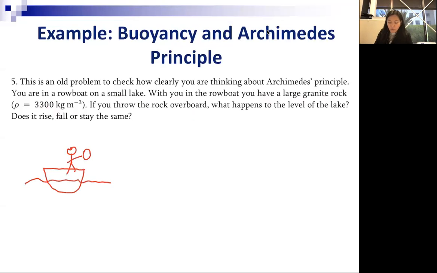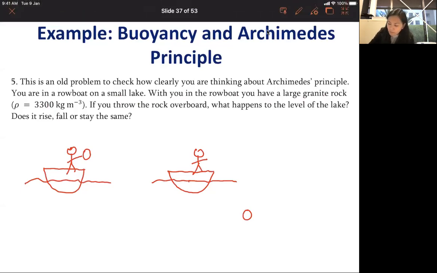Okay, you're on a boat, you're holding a heavy granite rock, you're on a lake, and then you throw the stone, the rock overboard. Okay, what do you think will happen to the level of the lake?